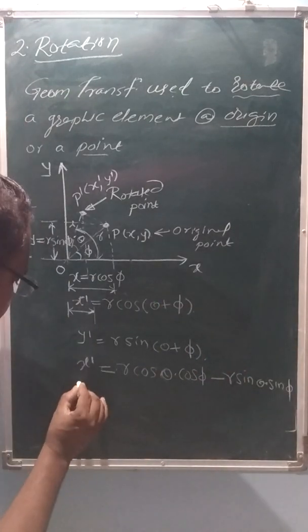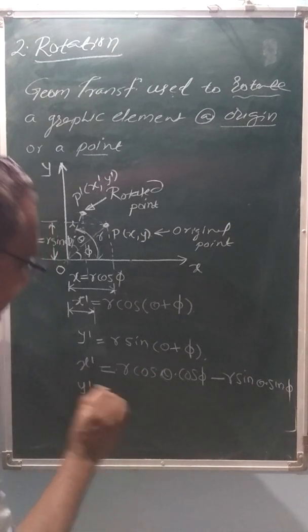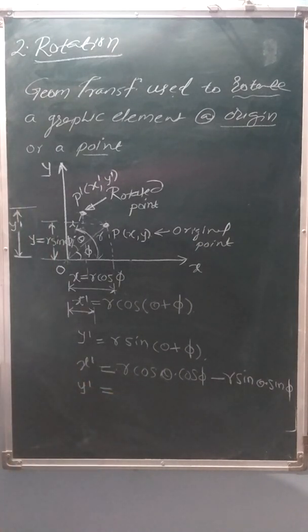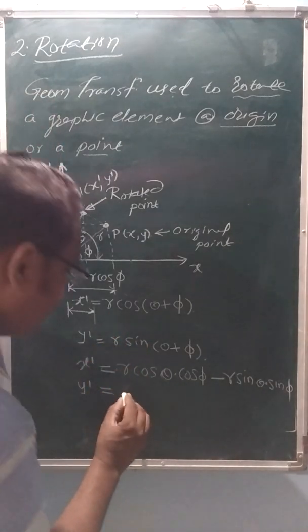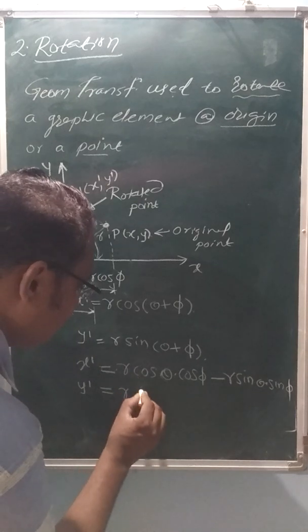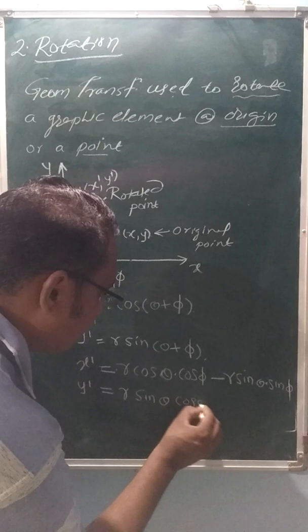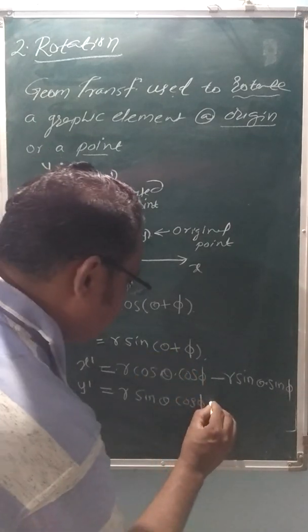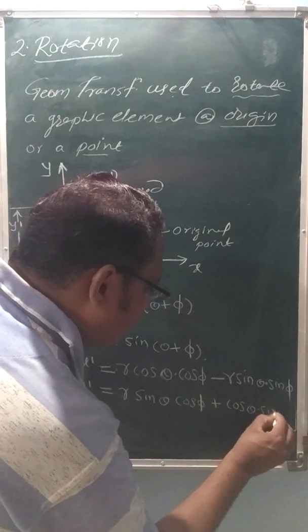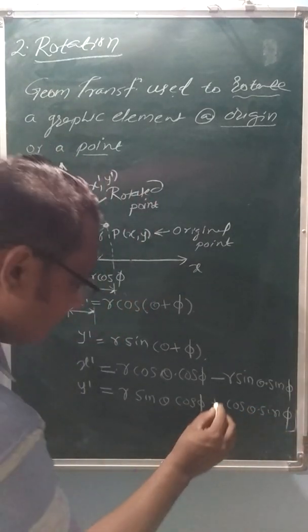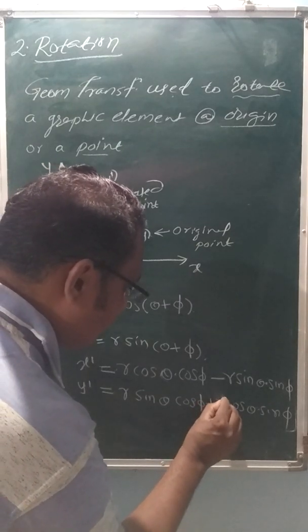For y dash we can write r sine theta cos phi plus cos theta sine phi, again with multiplication of r.